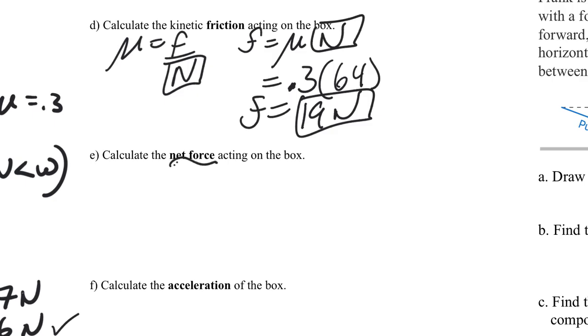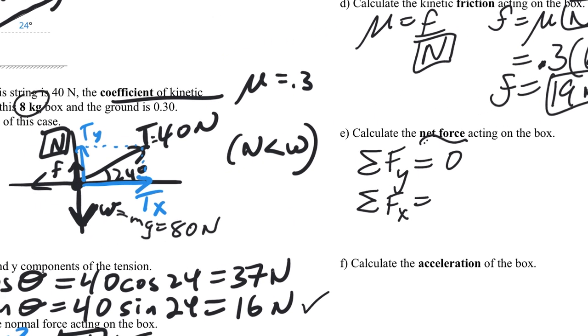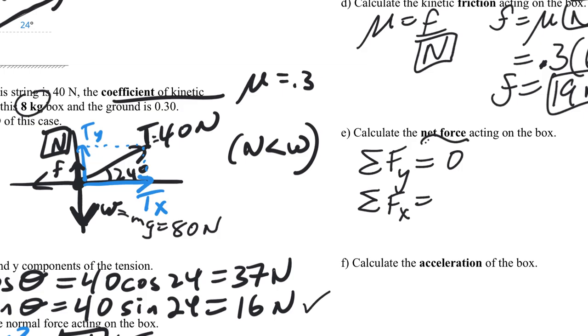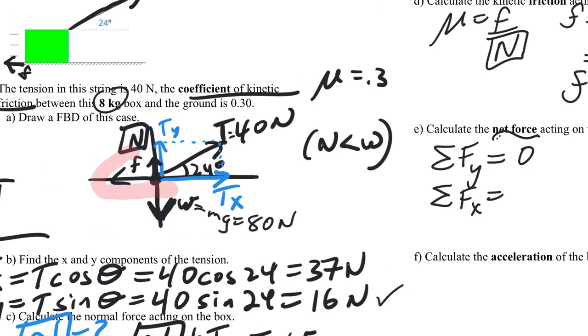Calculate the net force on the box. Well, there's two net forces. The net force Y is 0 because those forces balance out. The net force X, let's look at that now. So I'm just looking at the horizontal forces now. There's only two of them, Tx and F. Tx we already found to be 37.